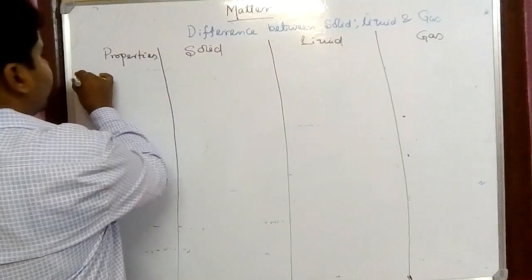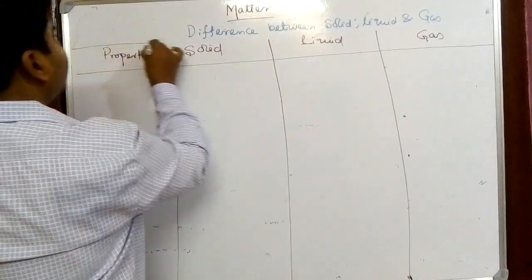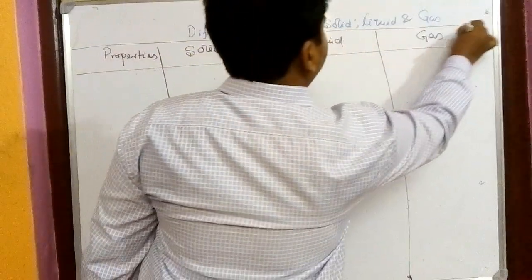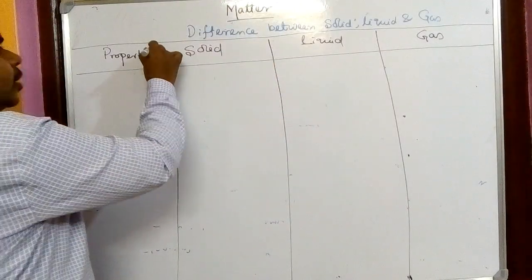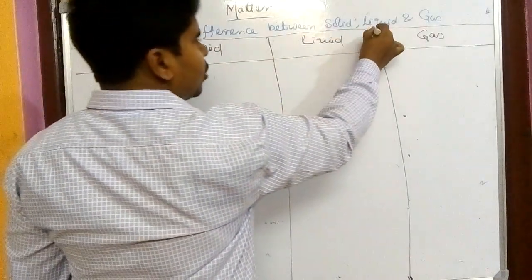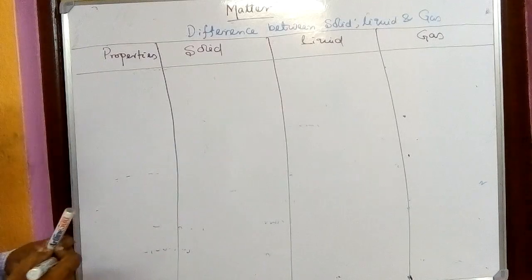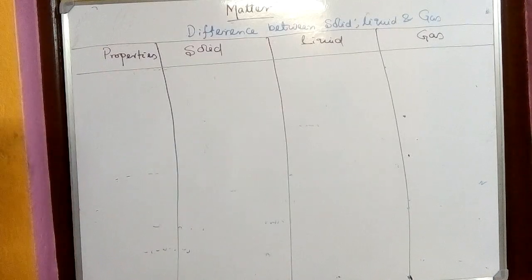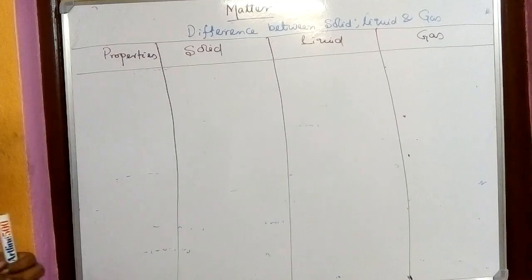So we complete it. You may ask how many times you have to write down the difference. See, if you go through your book later, whenever you get it, you will feel that the difference between solid, liquid and gas on different properties is the main part of this chapter. So we have to do it various times.